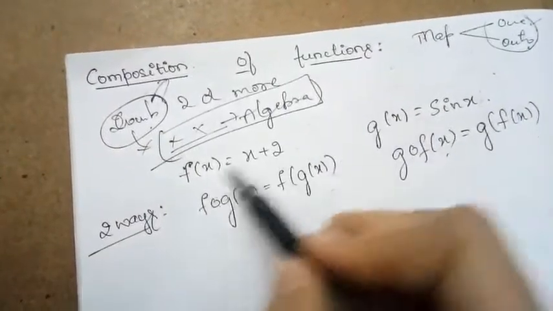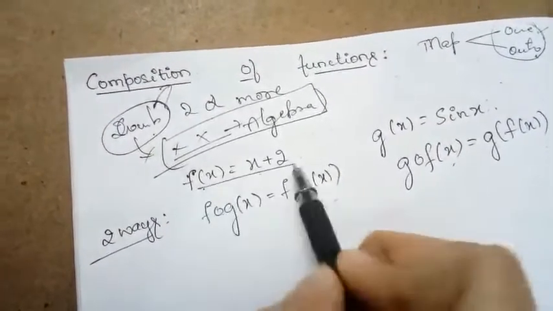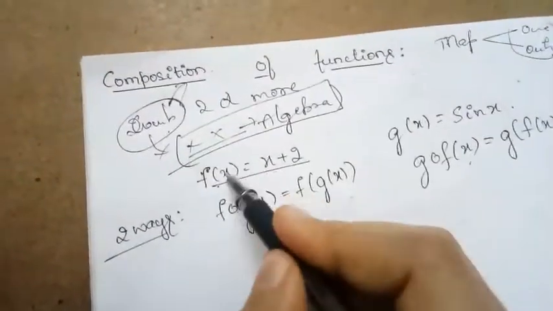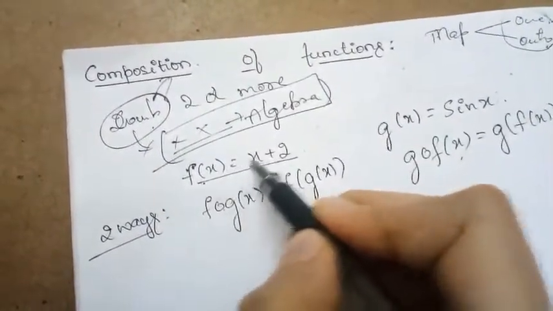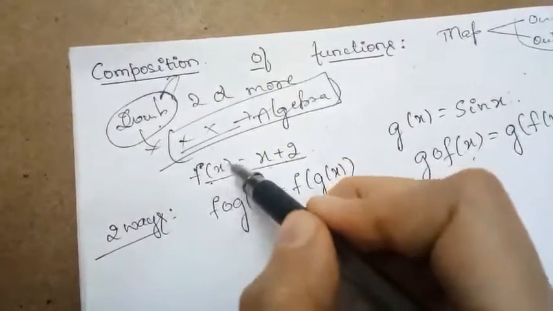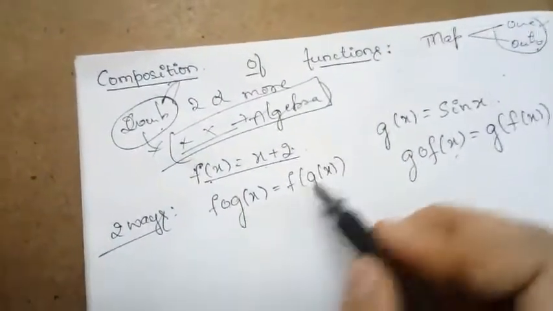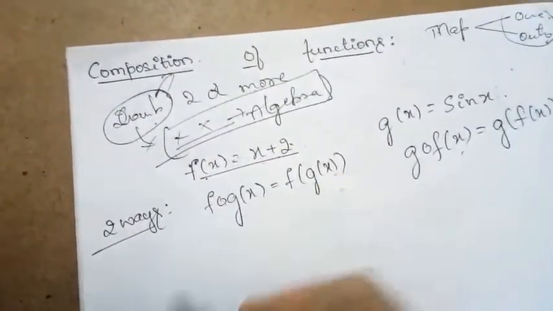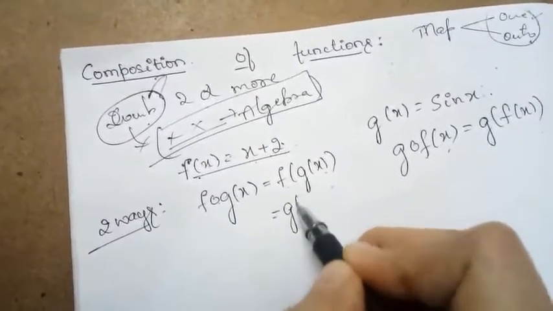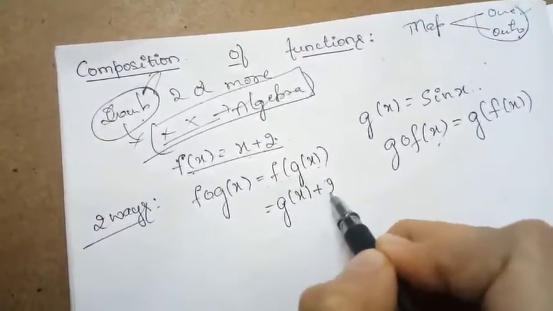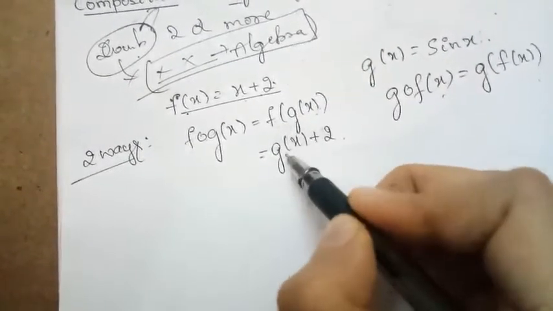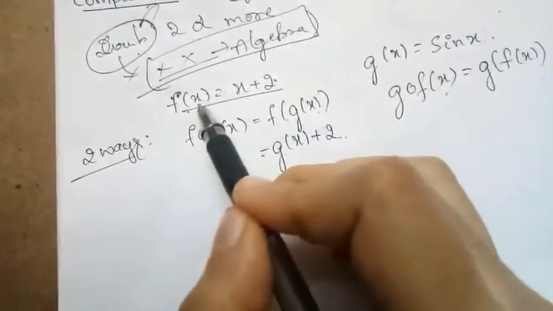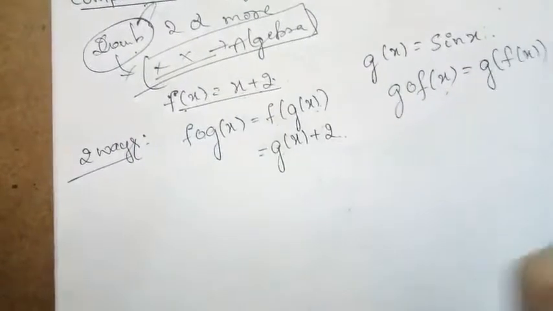Now f of x is equal to x plus 2. Suppose if I take f of t, it becomes t plus 2. f of m is m plus 2. f of r is r plus 2. So f of g of x, what happens? It becomes g of x plus 2, because function f of x is defined as x plus 2.